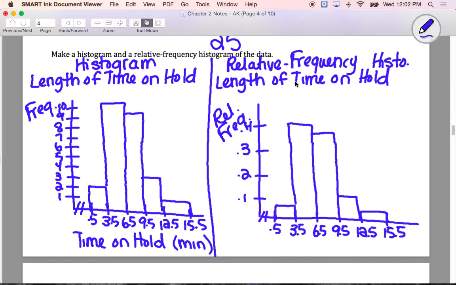So there is our other histogram. Don't forget your label for the x-axis also. So time on hold in minutes. You do not label the bottom as class boundaries, but as what goes along with your story problem, whatever problem that you have.